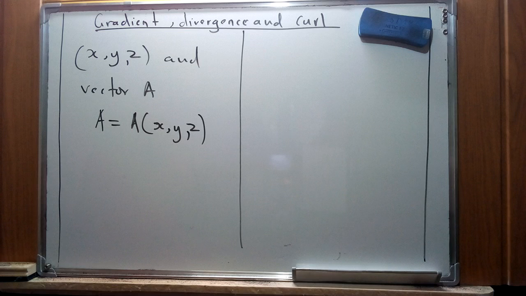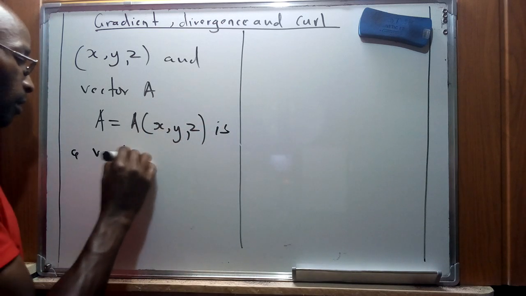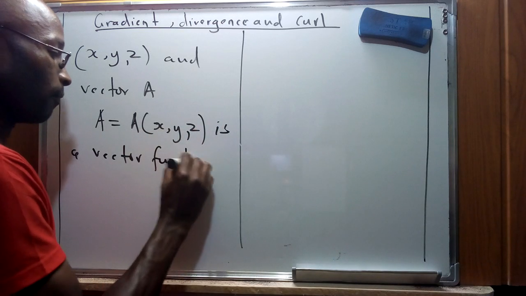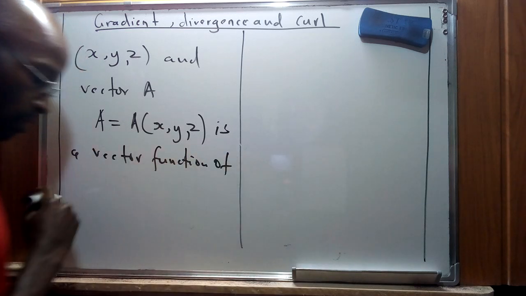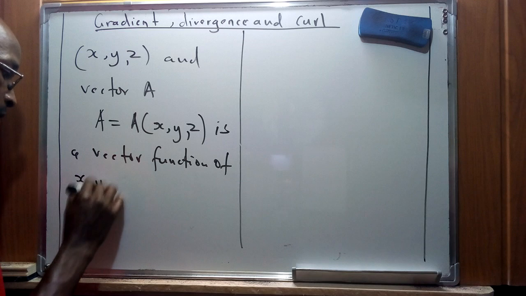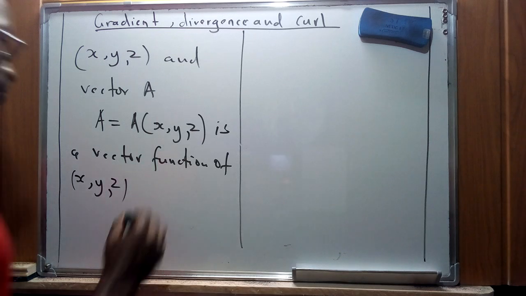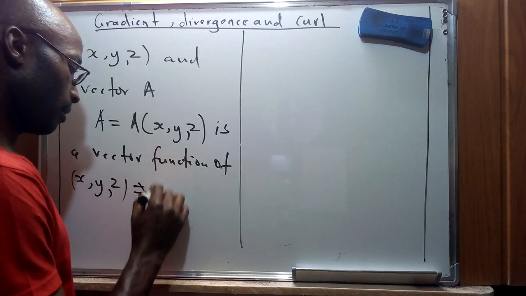Now, this specific representation is known as a vector function of x, y, z, and we call this vector function a vector field.